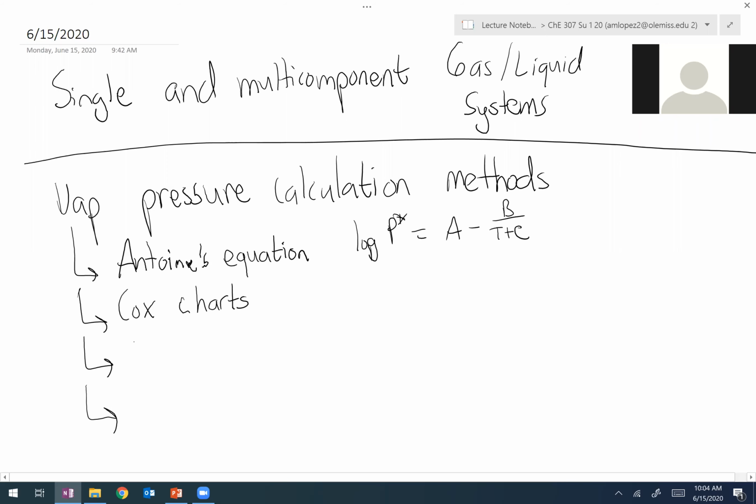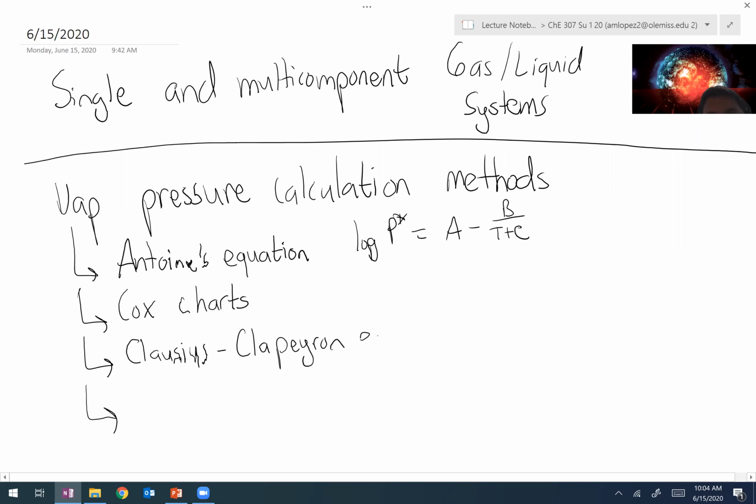All right, I like that, Clausius-Clapeyron equation. Very good. ln P star equals minus delta H_V over RT plus B. One more.